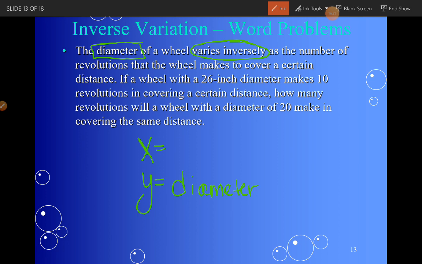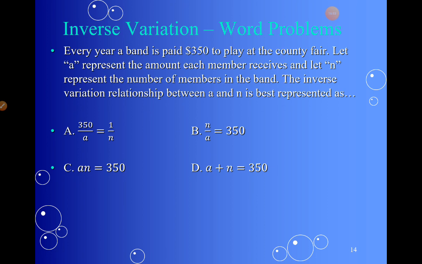And then whatever comes after, revolutions, that's going to be our x value. You have to be able to differentiate which one's y and which one's x by just reading the problem, because you can see this doesn't tell you which one's y and which one's x.